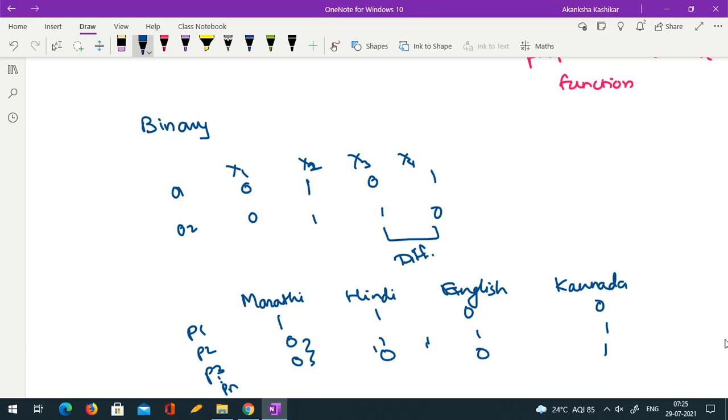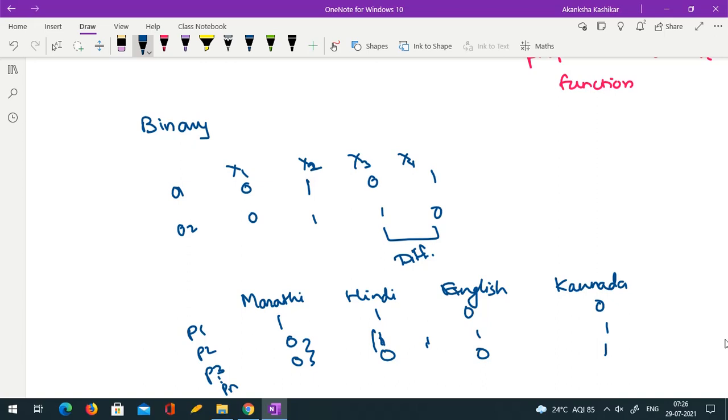But if they don't know any common language, then this match is of no use. Here this is a mismatch, so 1. Here this is again a mismatch, so 1. If I say the distance between them is just 2, not 3 or 4, because these two are matching, then I'm reducing the distance.